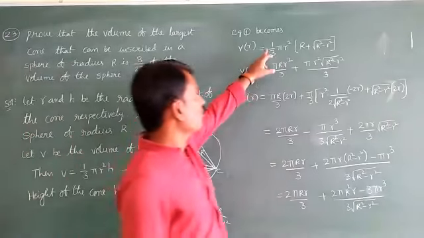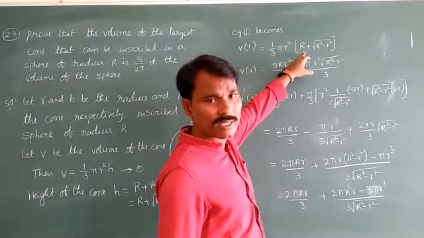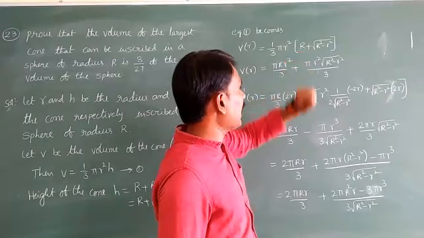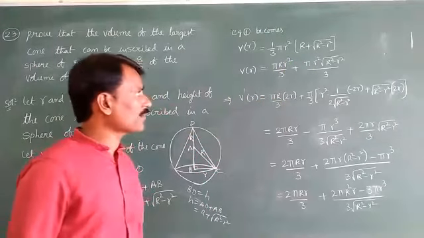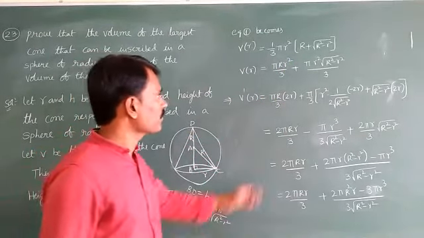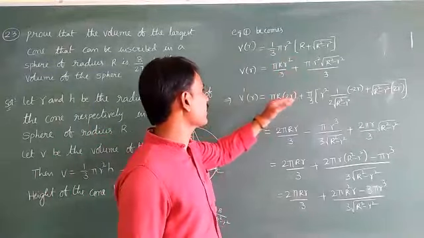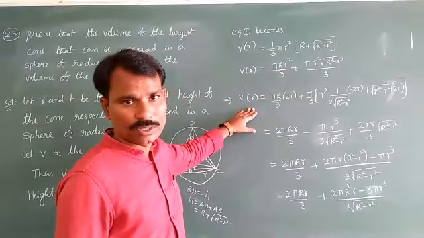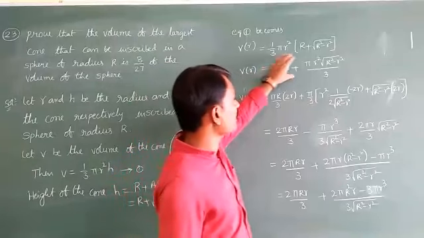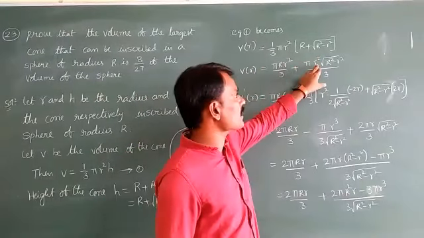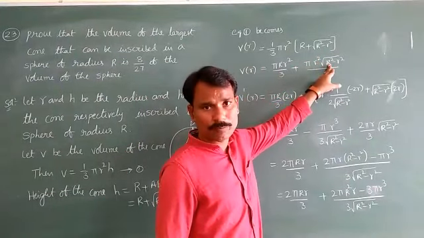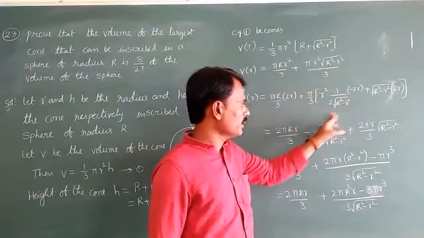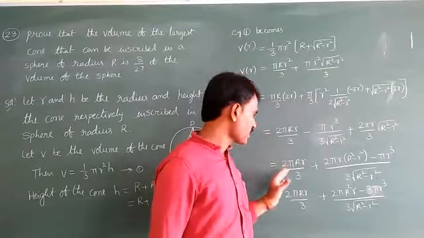Then what do you get? 1 by 3 pi r square, and in the place of h we substitute capital R plus square root of capital R square minus small r square. Multiply like this and go for the first derivative. Here we have f of x and g of x, and in g of x again you apply the f of x into g of x formula. Then simplify.